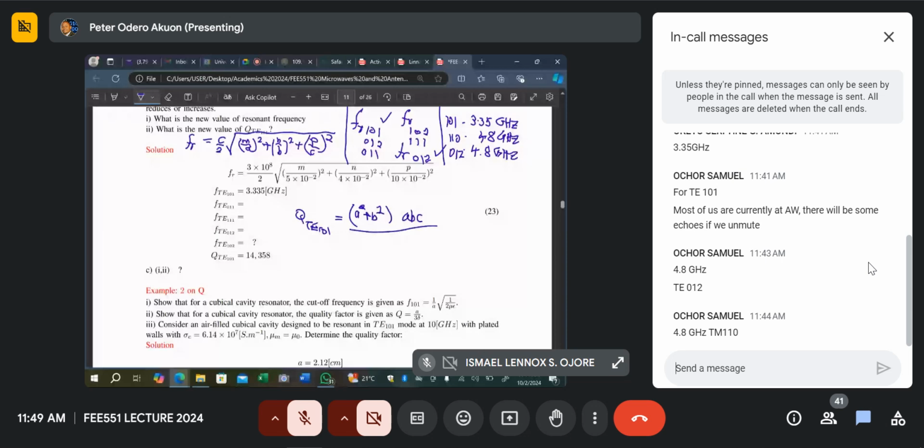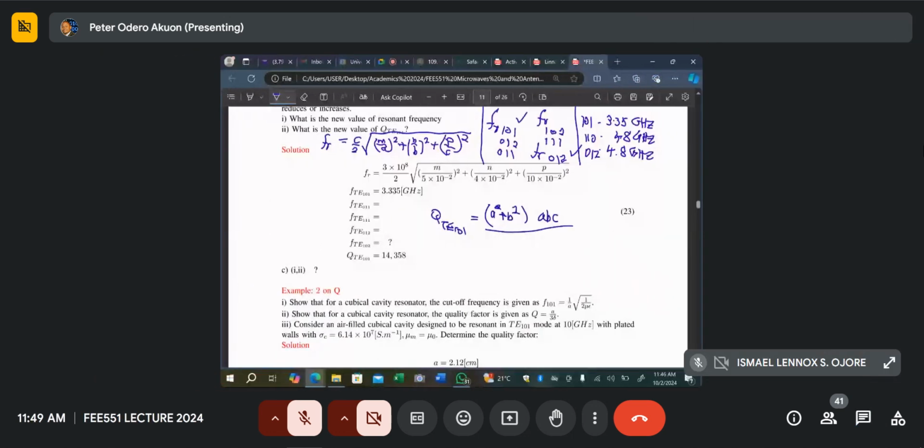Are you able to see it now? So maybe I put it smaller or bigger. I'm not sure what you're saying. So anyone, skin depth?